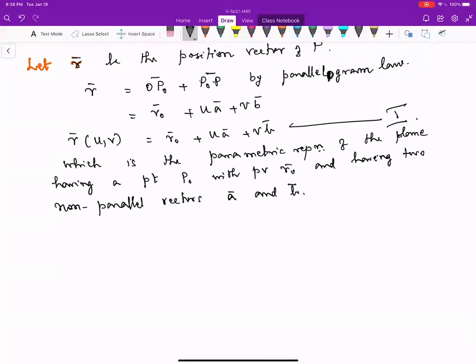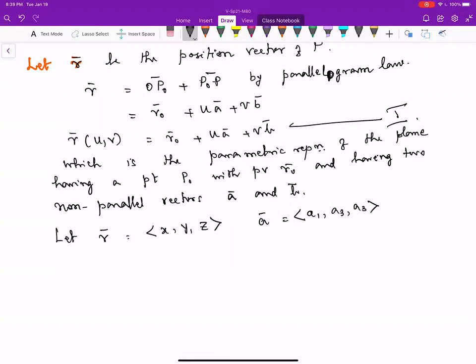Now, from the parametric representation, we can always find the parametric equations of the surface. Let R have coordinates x, y, z, and let A have components A1, A2, A3.